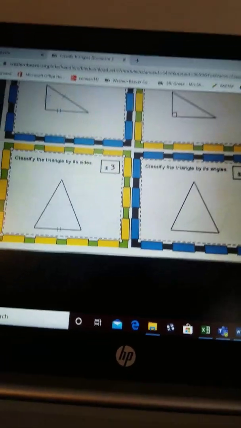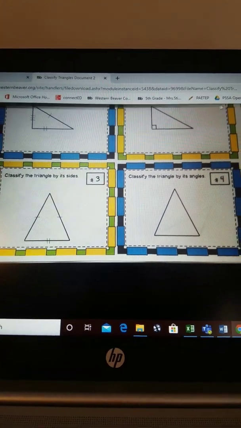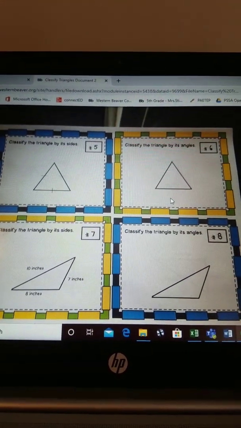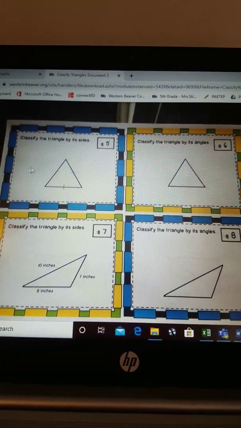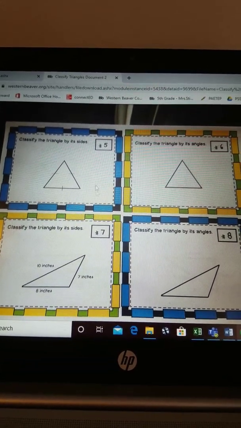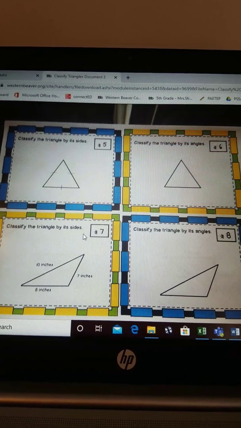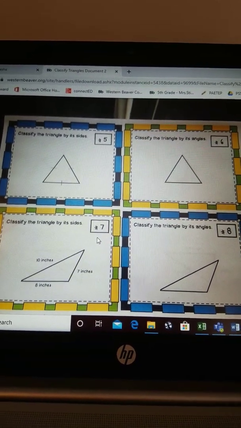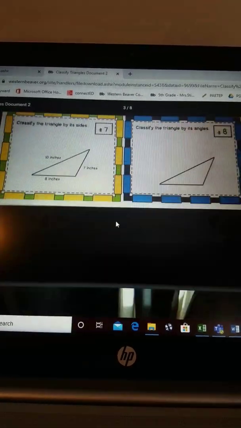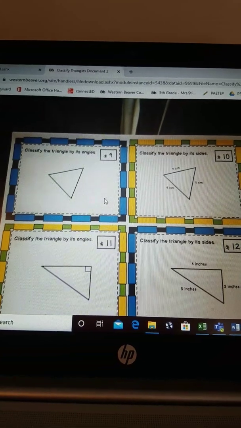So you guys, like I said, we numbered it 1 through 28. That's because as you continue to scroll down, you're going to see there's more and more and more. And it seems like the odd numbers are asking you to classify it by its sides, like number 5 and number 7. The even, 6 and 8, are by its angles. So for the odd numbers, oh, but then it changes.